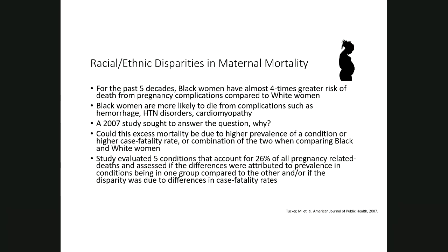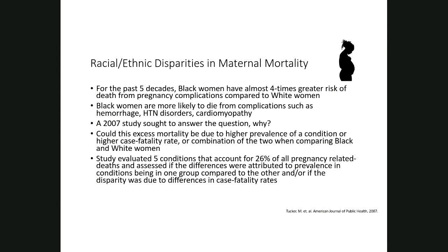So a study in 2007 wanted to look at why this is happening. This study wanted to look at whether it is because there's a difference in prevalence of a condition when comparing Black mothers to white mothers, or whether there was a difference in case fatality rates when comparing Black mothers to white mothers.